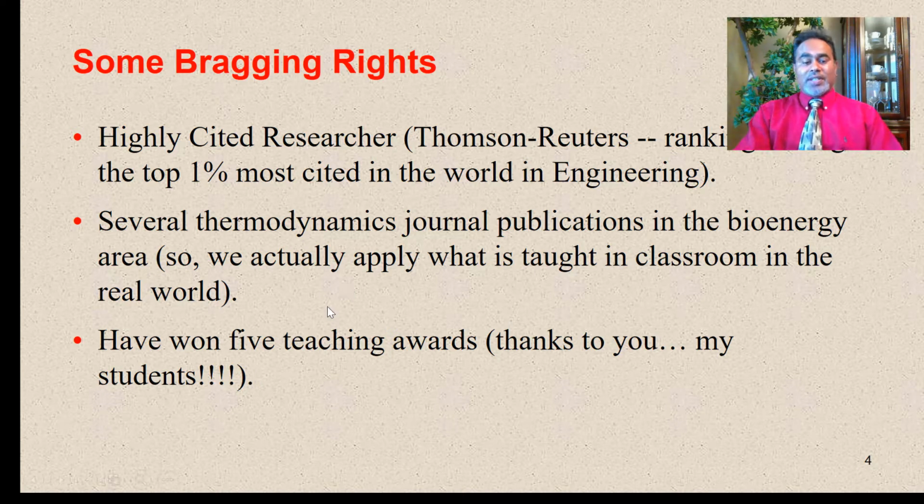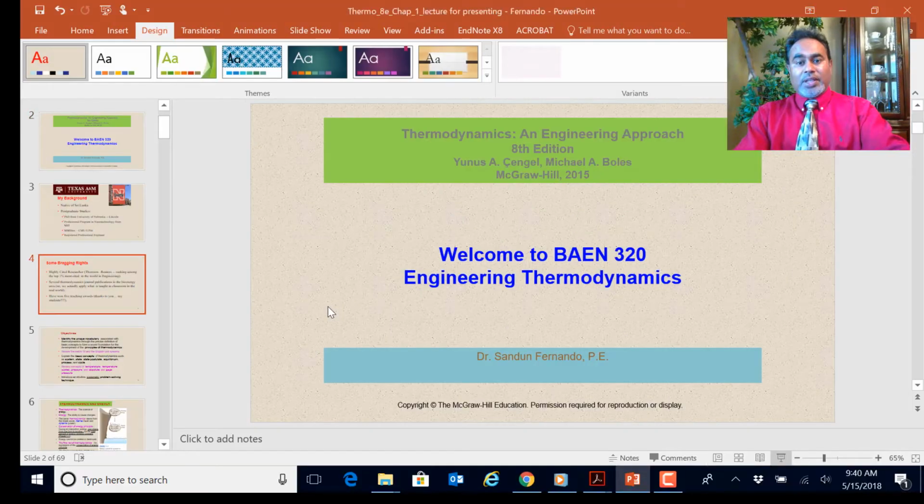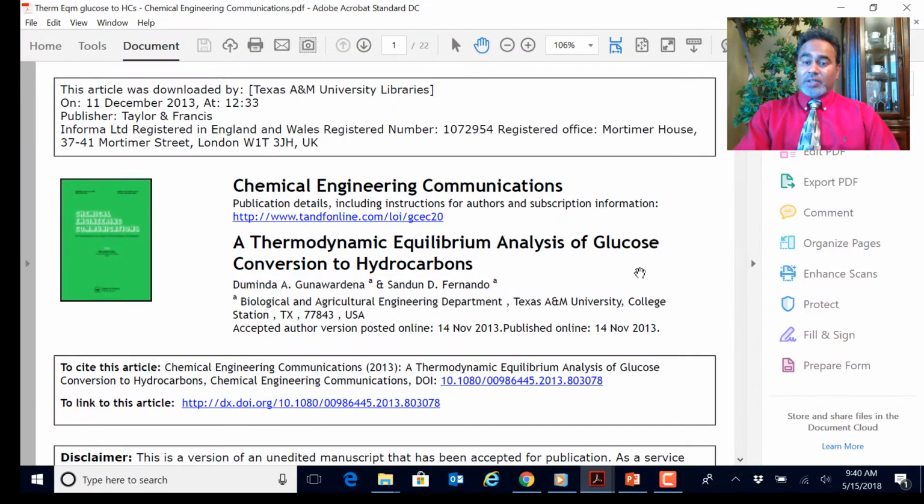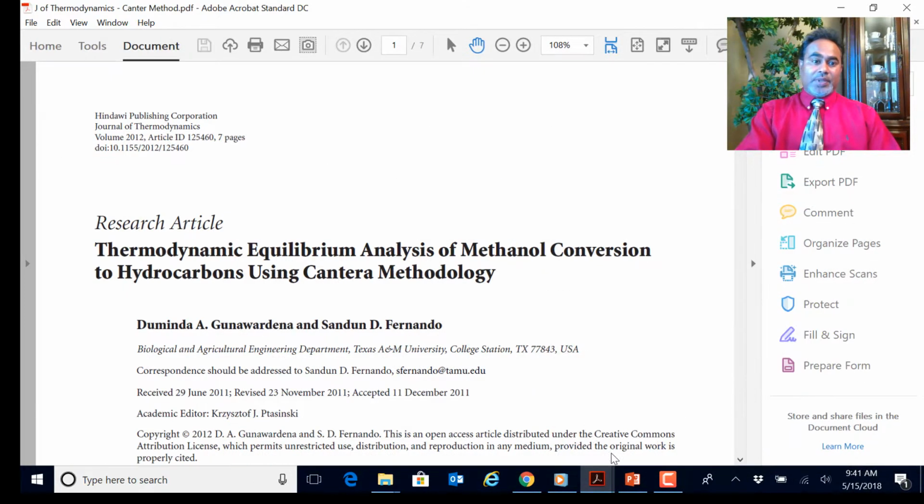Some examples you can see, we have been really looking at thermodynamics, and we have done some peer-reviewed publications in this area. One example is a thermodynamic equilibrium analysis of glucose conversion to hydrocarbons, and another is a thermodynamic equilibrium analysis of methanol conversion.